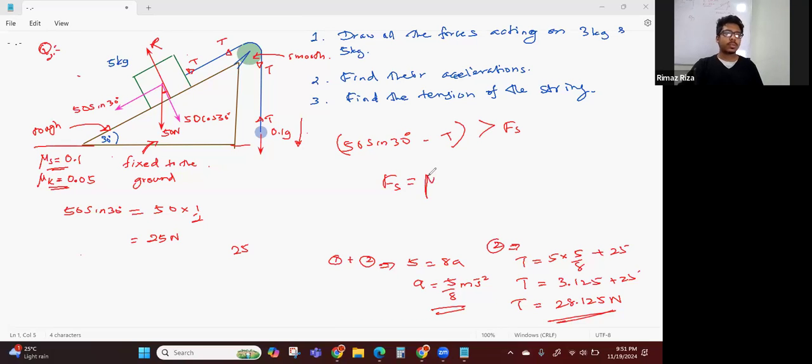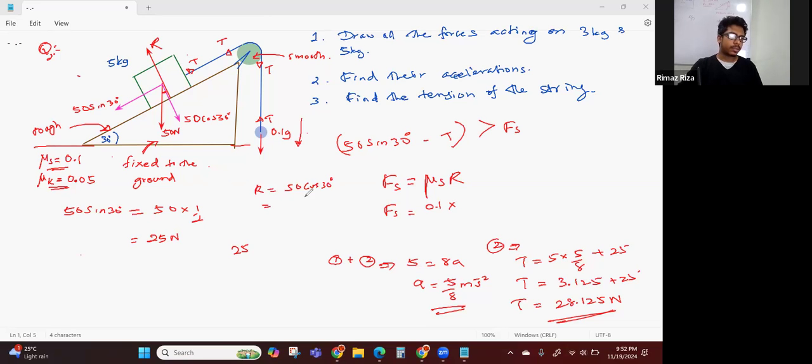So fs equals maximum friction force equals mu s times R. So fs equals mu s, 0.1, into R. Now if you consider the equilibrium in this direction, considering the vertical equilibrium, R equals 50 cos 30.